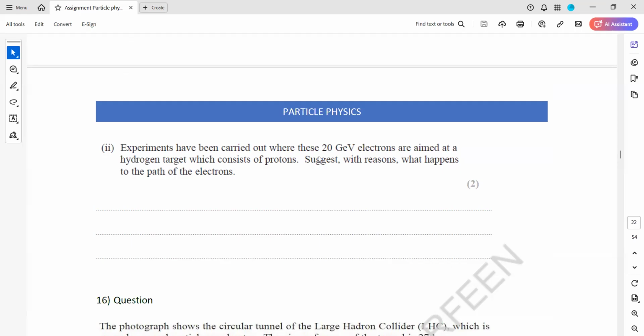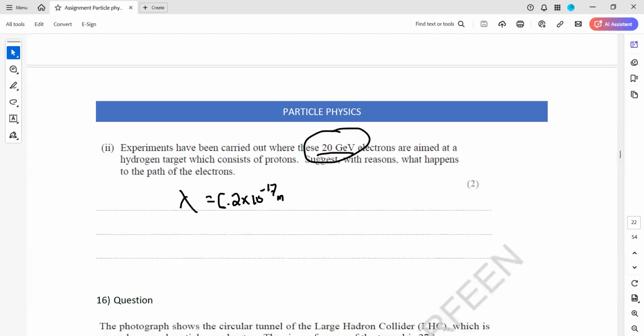At a very high energy, the wavelength associated with this electron, as we worked out in the last part, was very low. It was about 6.2 × 10^-17 meter, which is a very low value.